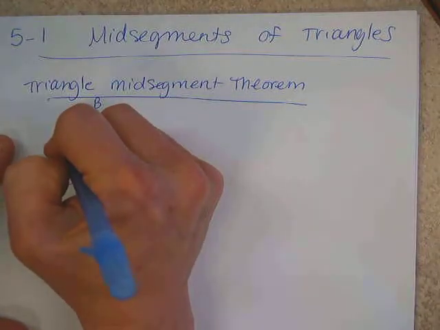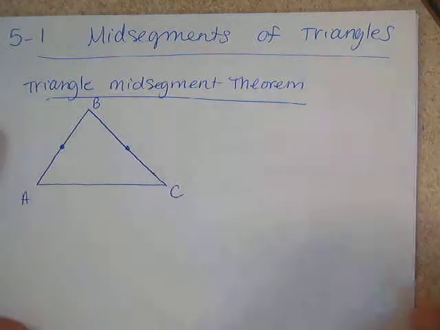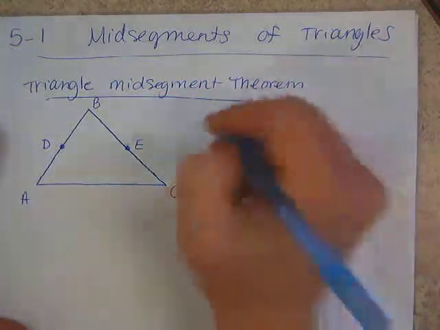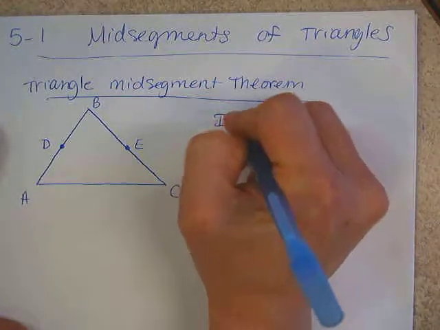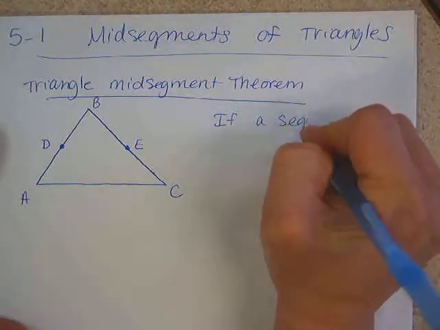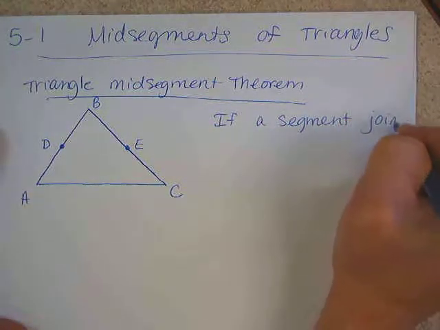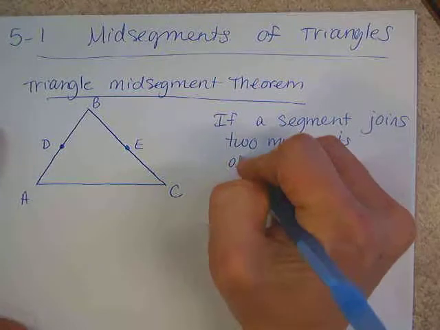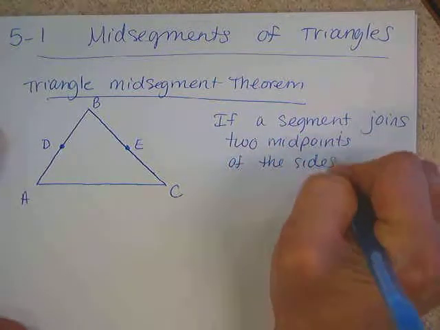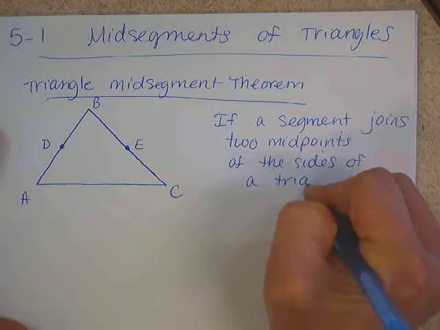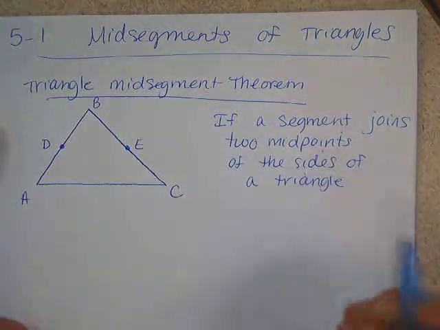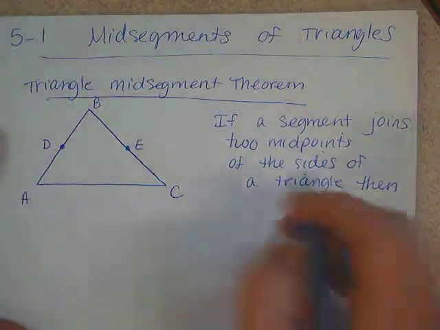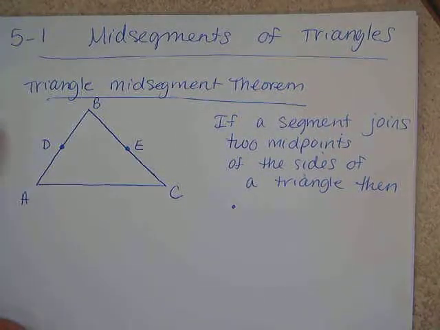Actually, it could be any two sides, but let's find the midpoints here. The theorem says if a segment joins two midpoints of the sides of a triangle, then two things occur.